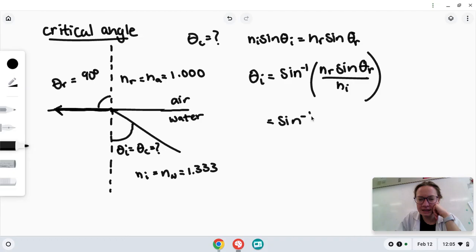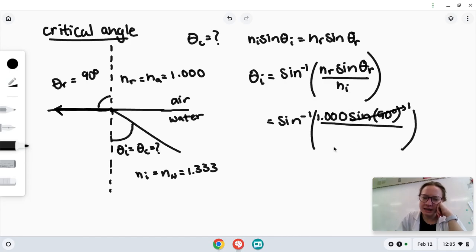We've got inverse sine of my index of refraction on the way out, which is 1.000 because I'm going into the air. Then I do sine of theta on the way out. Hey, sine of theta on the way out, isn't that equal to 90 degrees here? You know that sine of 90 degrees is just equal to 1.